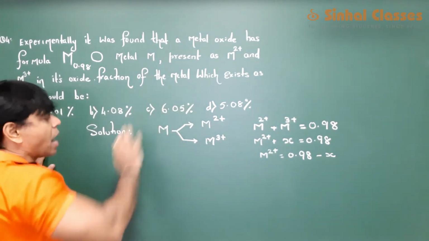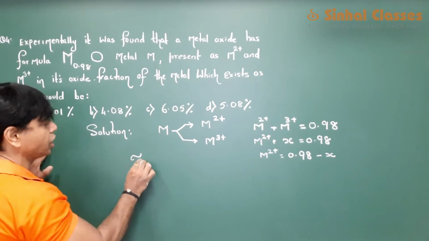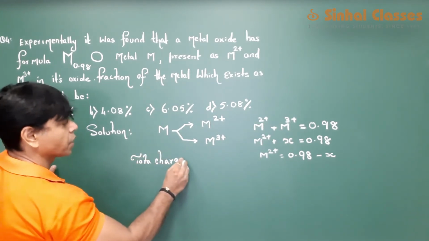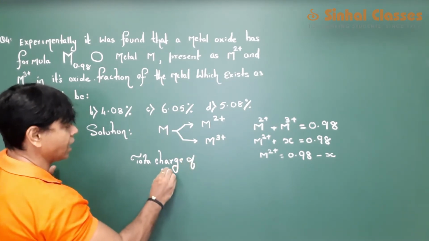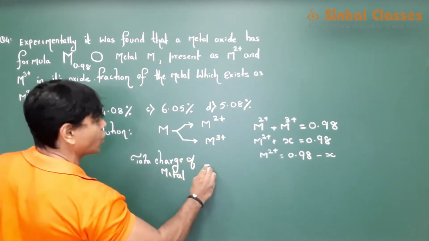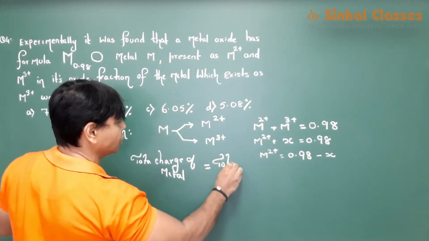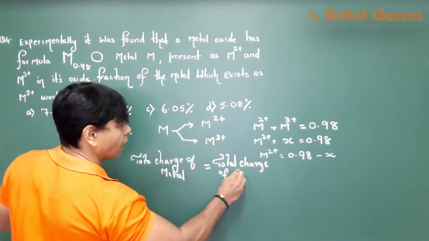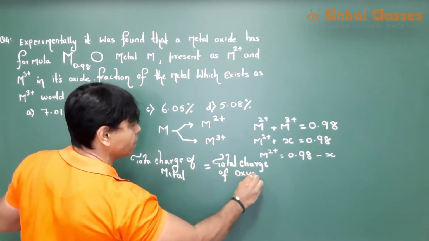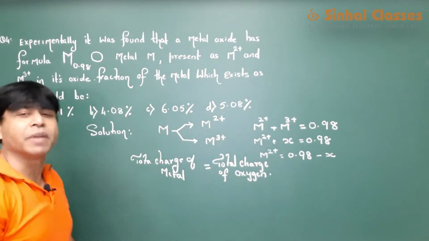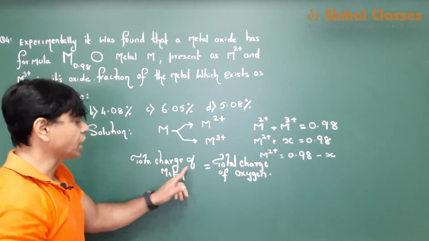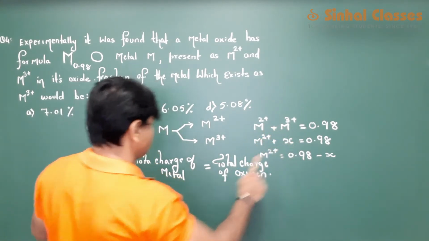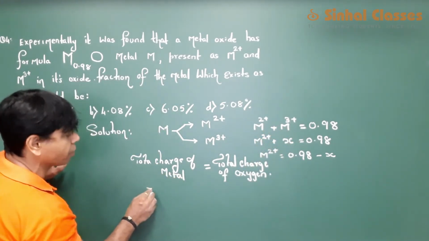Now, in any compound, the total charge of the metal will be equal to the total charge of oxygen, the oxide, in the case of a metal oxide. Now for the total charge of the metal, M3+ is X, so the charge of M3+ will be 3.